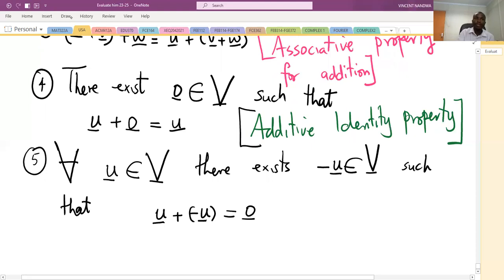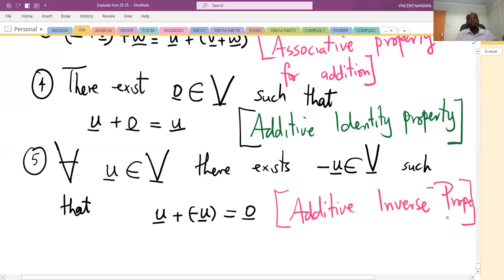So this minus U is called the additive inverse. So that's the additive inverse property.